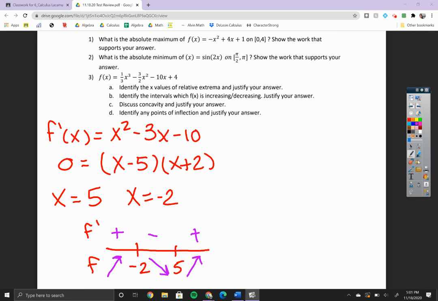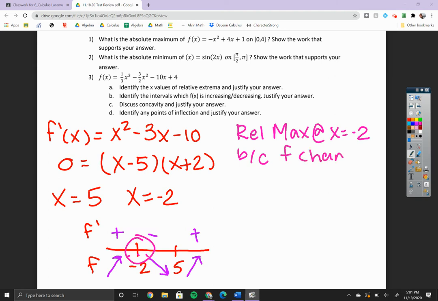So for A, we need to identify the x values of the relative extrema and justify your answer. So what we have to do here is look. You can see there would be a relative maximum at x equals -2. And our justification there is because f changes from increasing to decreasing.